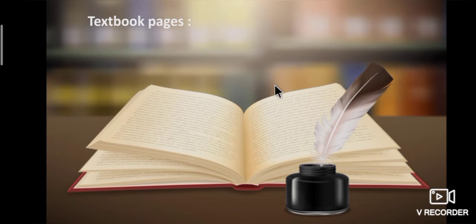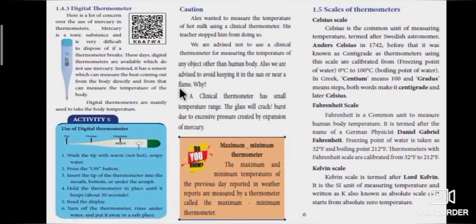Okay students, I hope you all understood about digital thermometer and scales of thermometer. Now let's see some textbook pages related to today's topics. Page number 6 explains about digital thermometer and scales of thermometers. Digital thermometers are mainly used to take body temperature and do not use mercury.